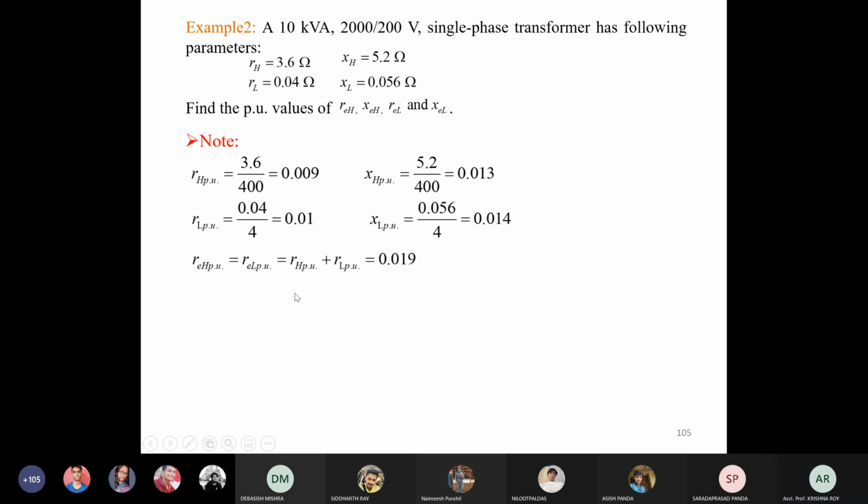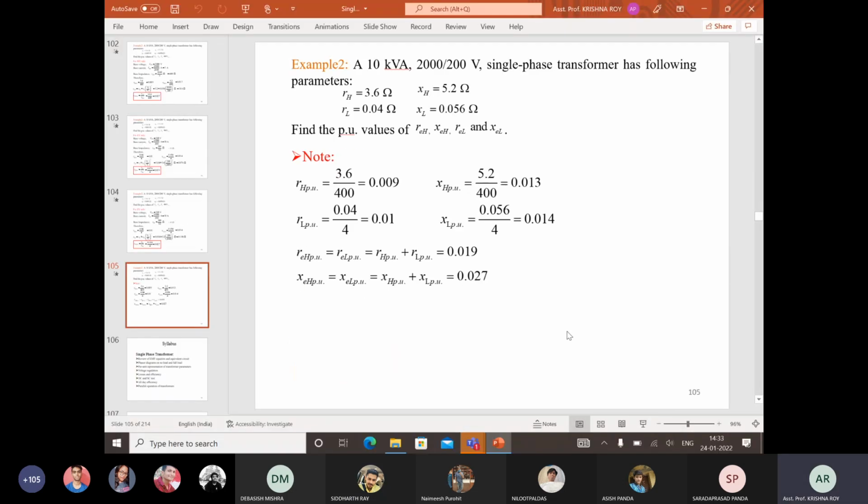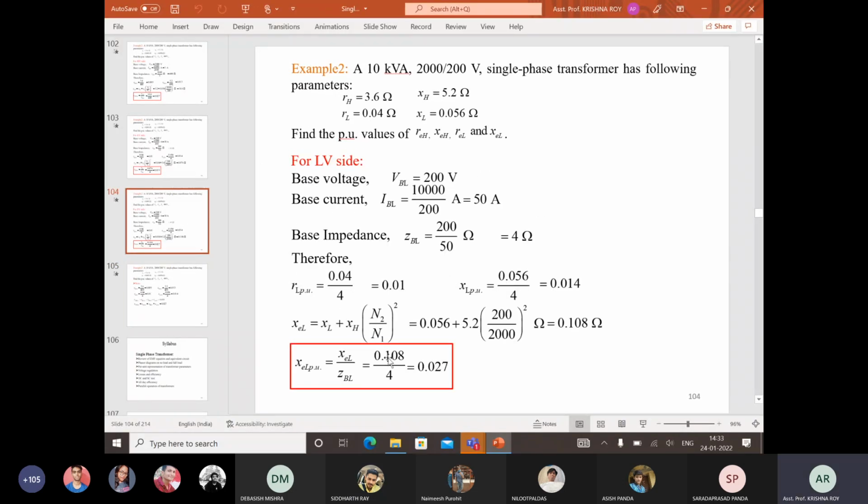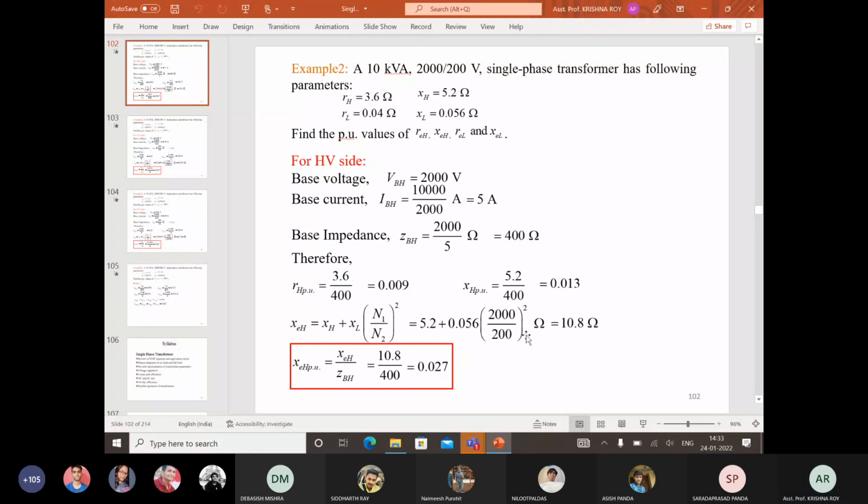And you don't have to refer. See, you are not referring. And XEH is this. So is it advantageous if we use these per unit values? Yes, sir. So that means you don't have to use this formula. So how will you solve this problem?